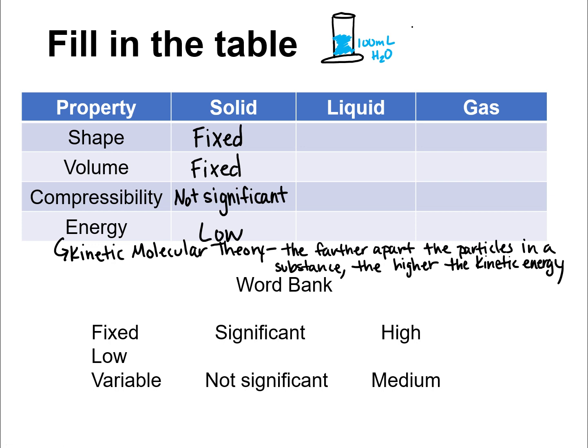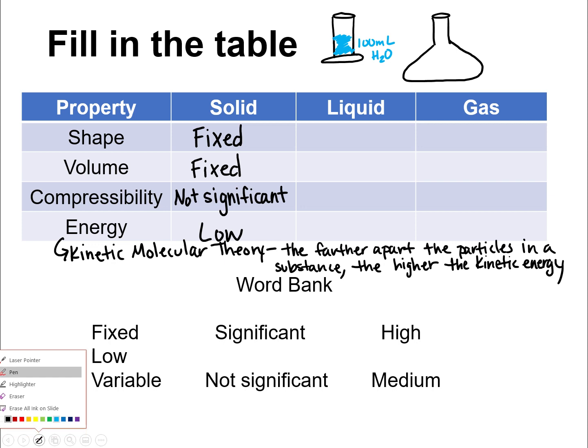I can take that water from a graduated cylinder and pour it into a flask, a really big flask. It's still 100 milliliters of water.